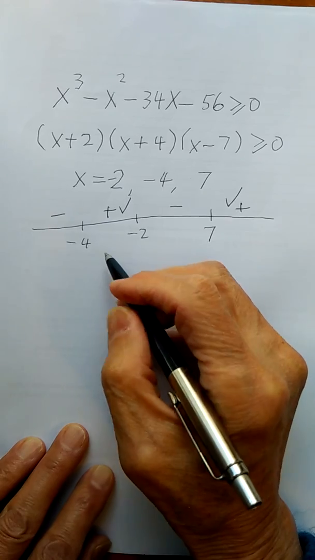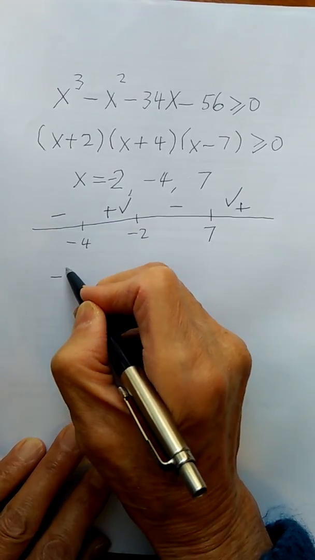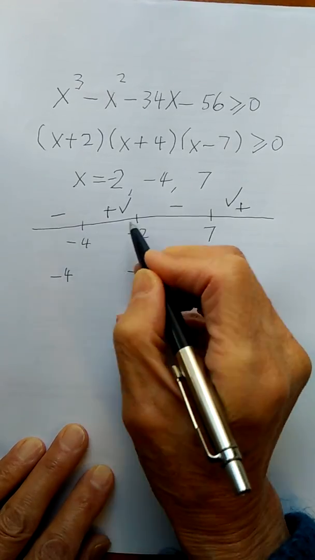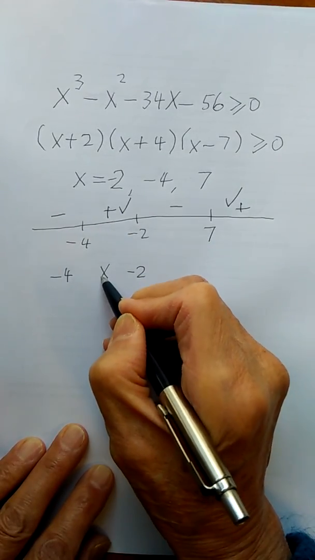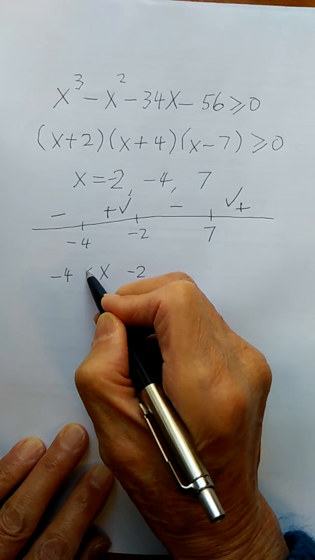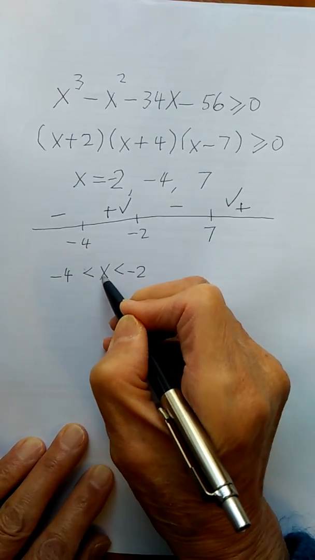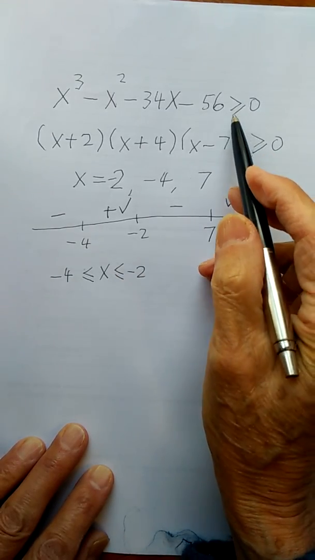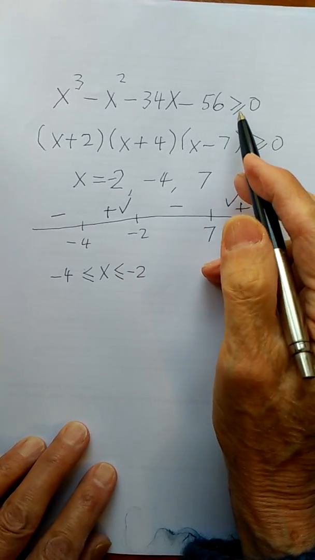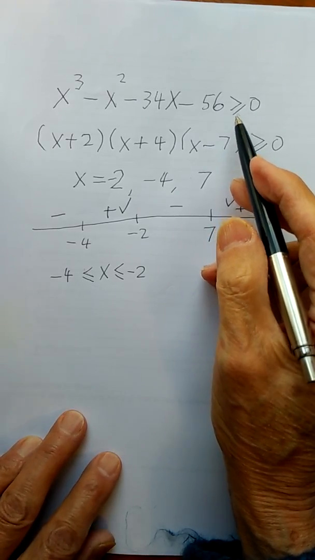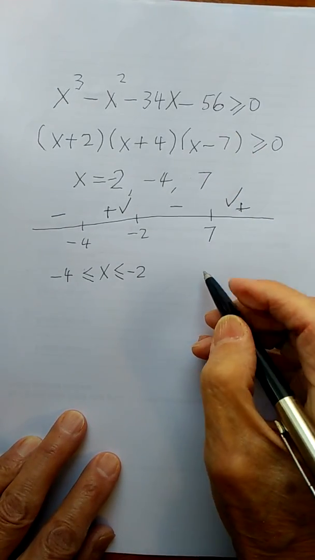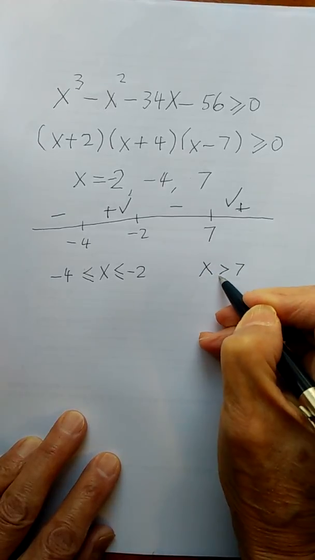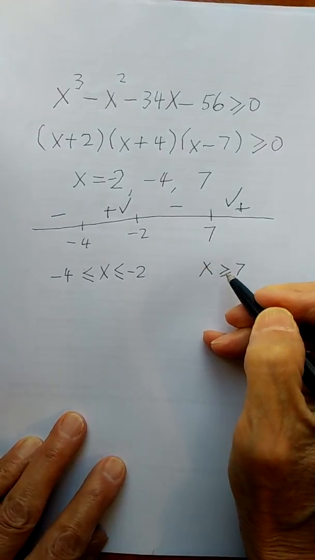So the answer is from -4 to -2, that is this interval, and you put x in between. I put down the equal sign because the given inequality contains an equal sign. And for this interval, x is larger than 7, and there is an equal sign.